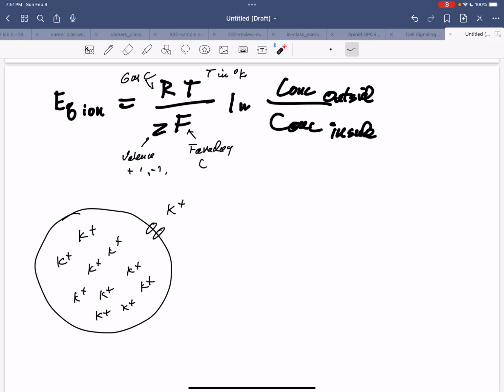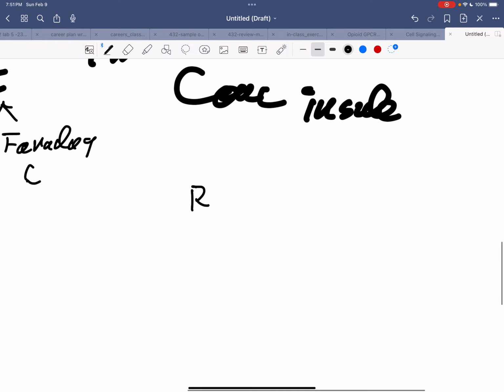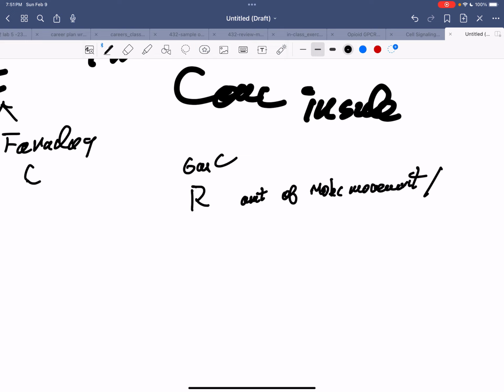Okay, so let's break this down and start talking about what these things are. R is the gas constant, and it is the amount of random molecular movement per degree Kelvin.